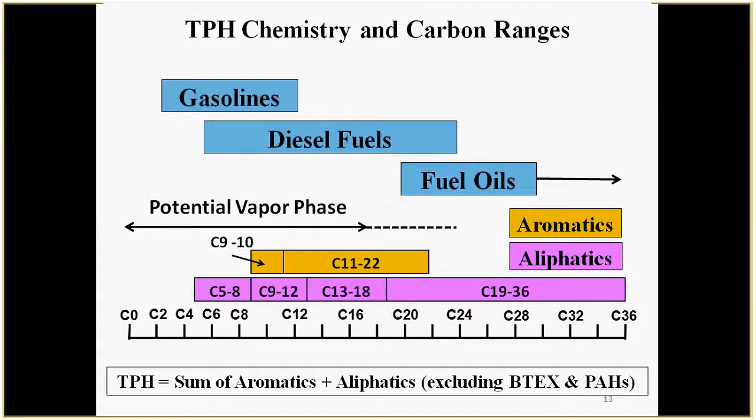We can break the aliphatic compounds, or long chains and branches, into 4 different sets of carbon ranges, C5 to C8, the light aliphatic compounds, C9 to C12, C13 to C18, and C19 to C36. So now we're breaking up petroleum hydrocarbons, the TPH component, into individual components. And there are different ways to break this up. This is the way Massachusetts did it to simplify it, and especially they're based on toxicity assigned to each one.